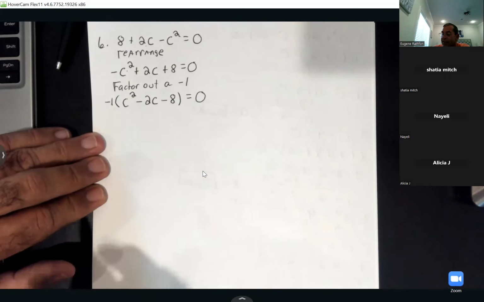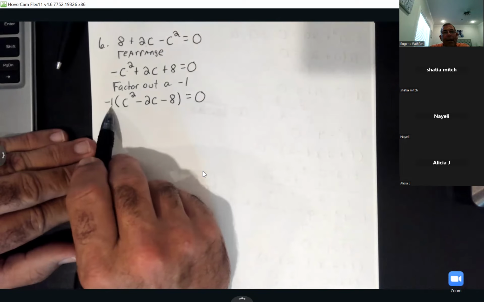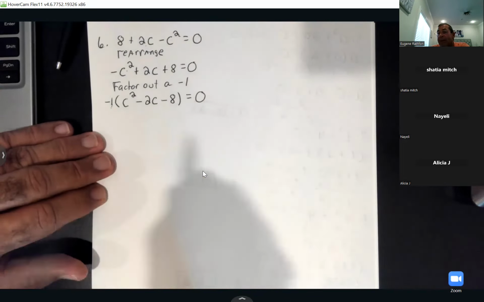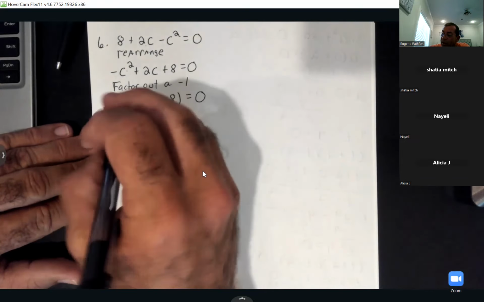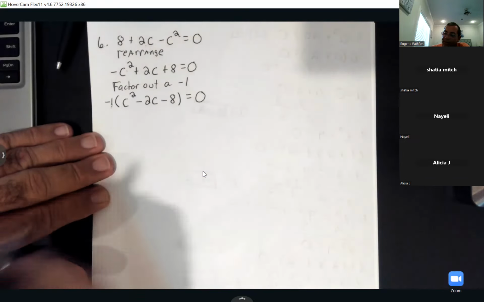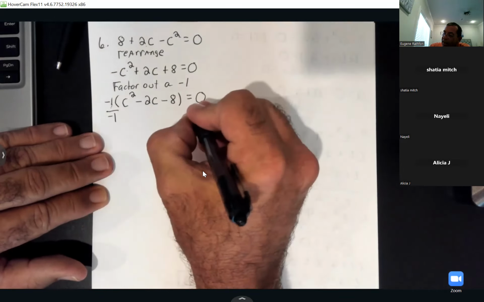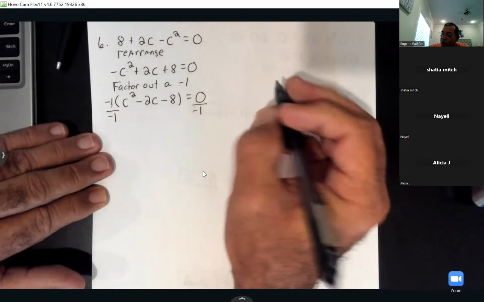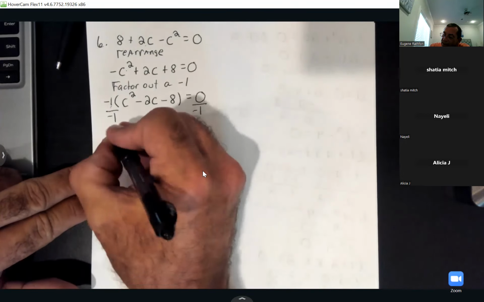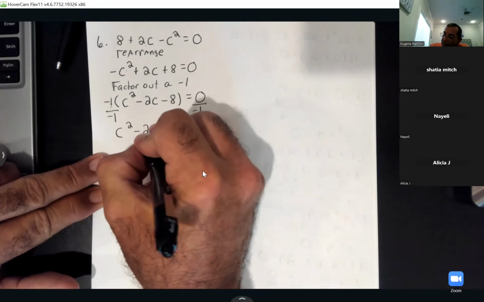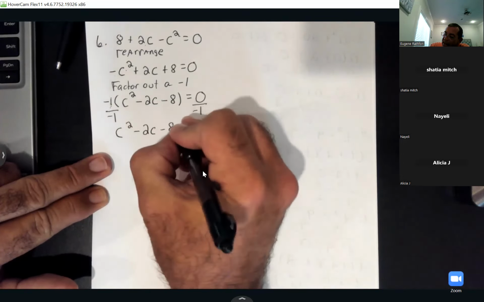Now here's what's nice. We don't like that -1 sitting out front. So basically we can divide both sides by that -1 and it disappears. Watch this. If I divide this side by -1 and this side by -1, the -1s cancel, leaving me a c squared minus 2c minus 8.